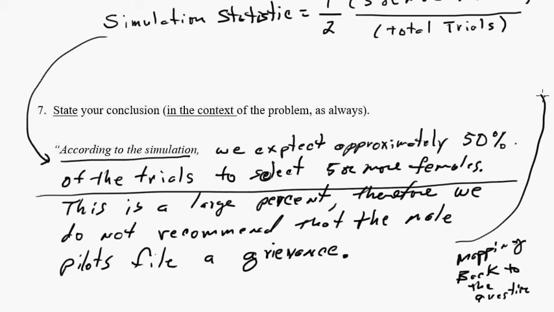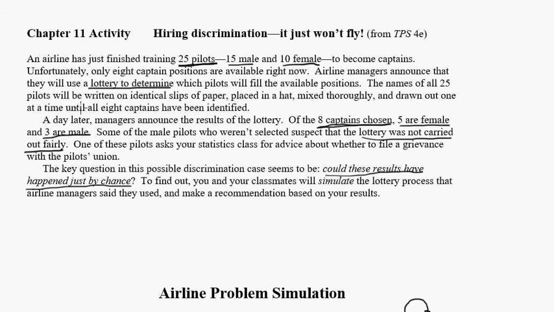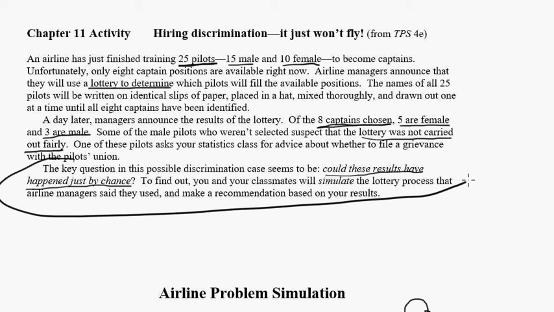Okay, so we want to map all the way back up. I'm just going to put a little arrow. All the way back up to this question about, is it fair? Right? Is it fair? What do we recommend to the male pilot? So make sure that you connect the results back to the question.